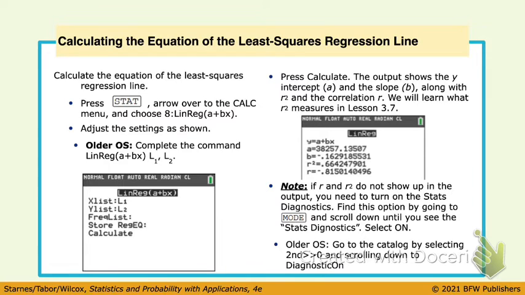Perfect. Do you guys remember if R is a negative 0.815, what does that mean about this correlation? So strength and direction. If it's negative 0.815, what does that mean about the correlation between these two variables? It's negative, perfect.